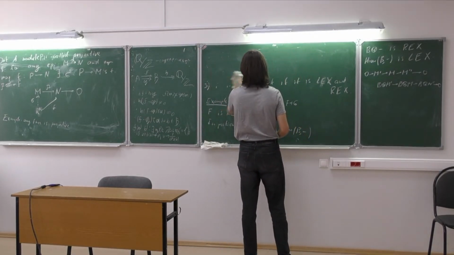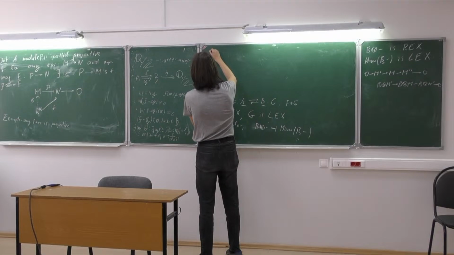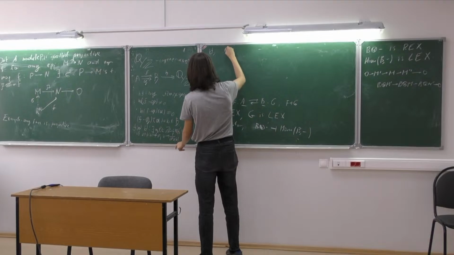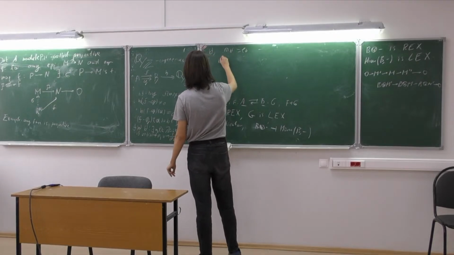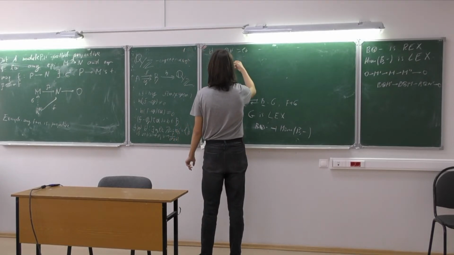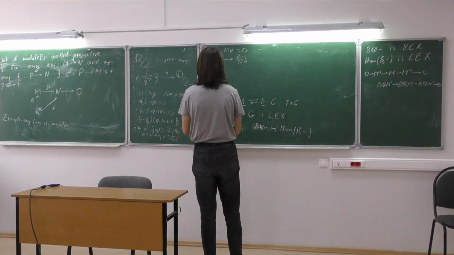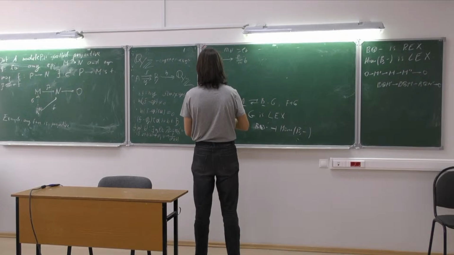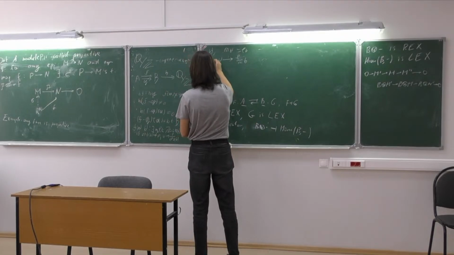So H sends B to 1 over order B. B prime such that, and so B prime is sent to, and all other elements send to 0.